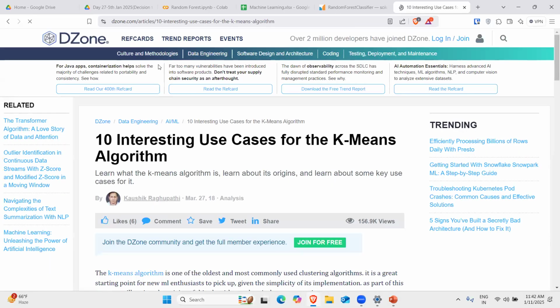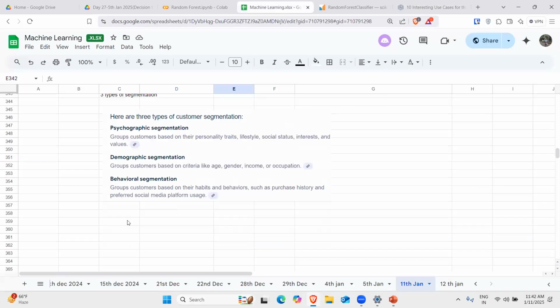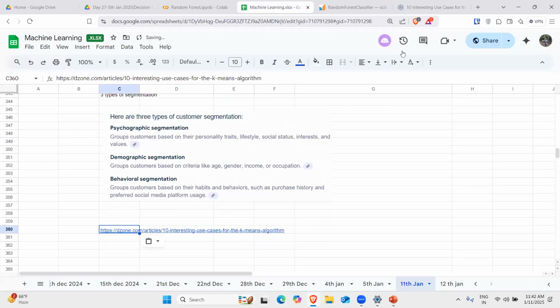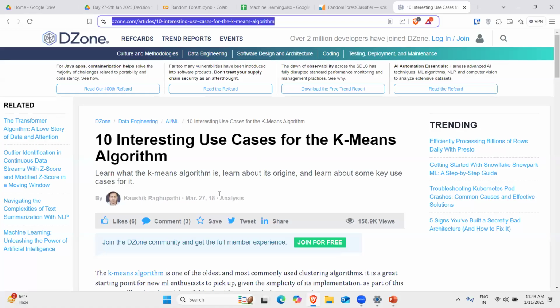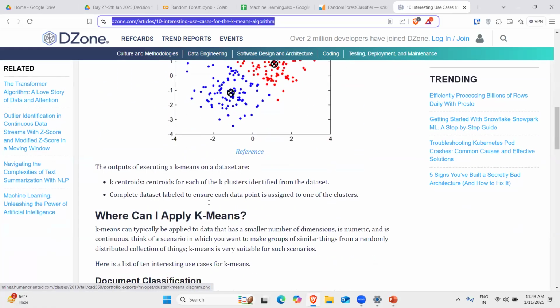Yeah, this is what I'm talking about. You can read this, a very interesting article, to get an idea about the interesting use cases for the k-means algorithm. You'll get everything related to this. Anyway, we are going to learn this.